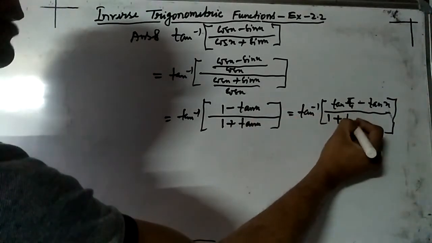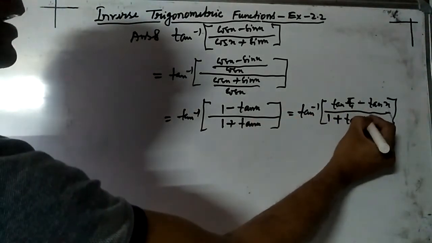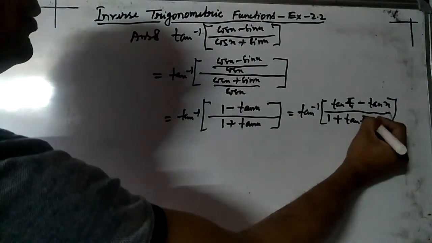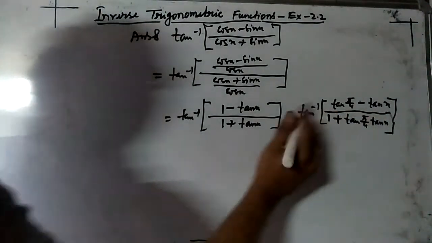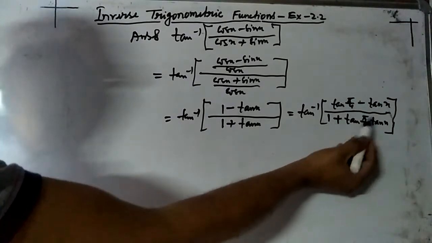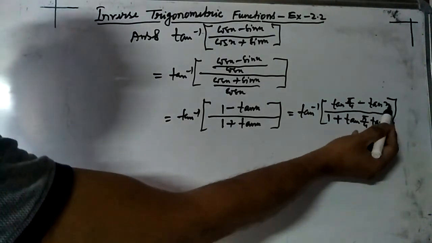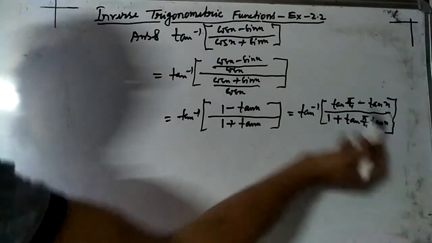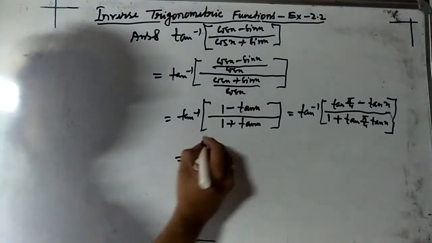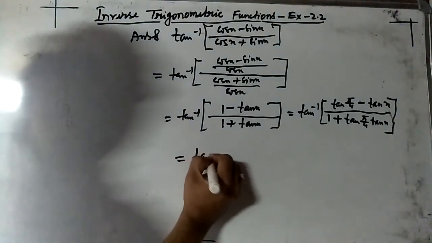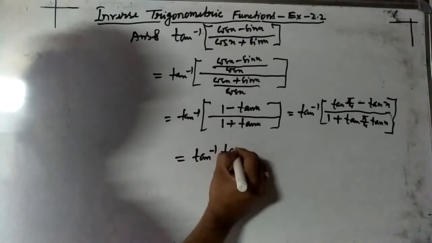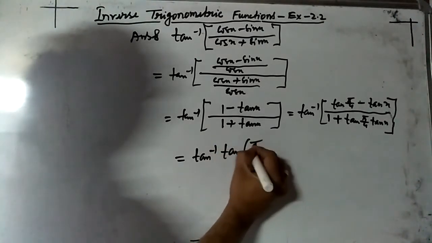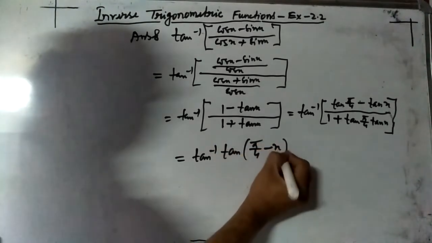So the value of 1 we can put here, tan pi by 4 into tan x. Then what will happen? Tan a minus tan b upon 1 plus tan a tan b, this formula gives tan inverse tan of pi by 4 minus x.